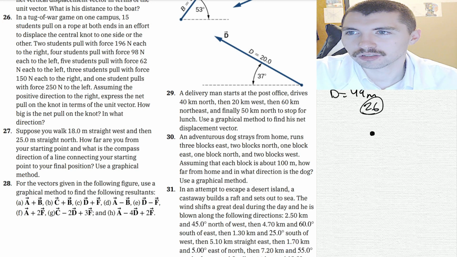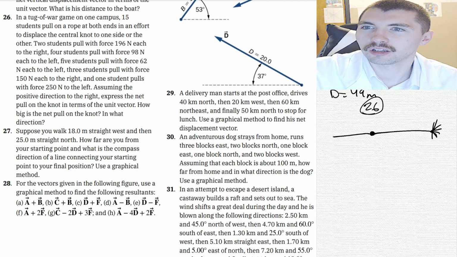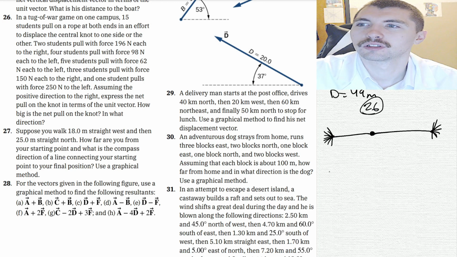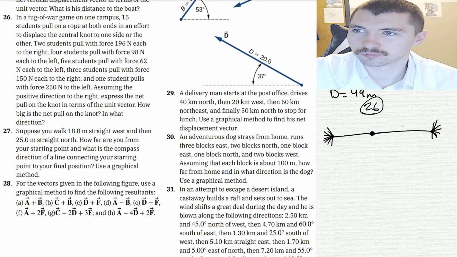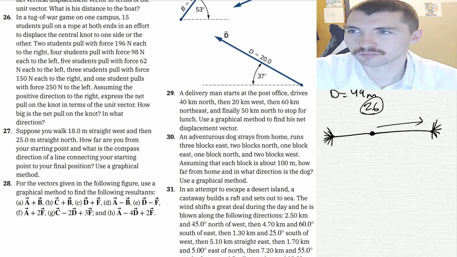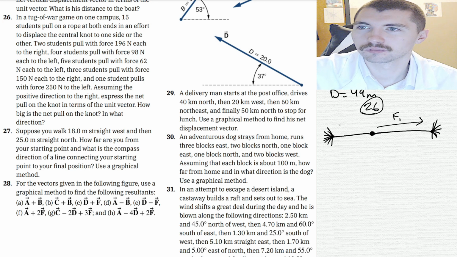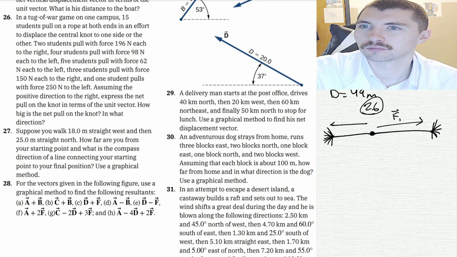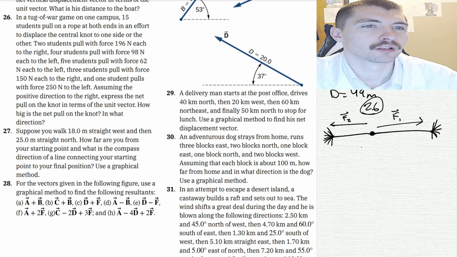Here's a knot and the rope. We have 15 and 15.